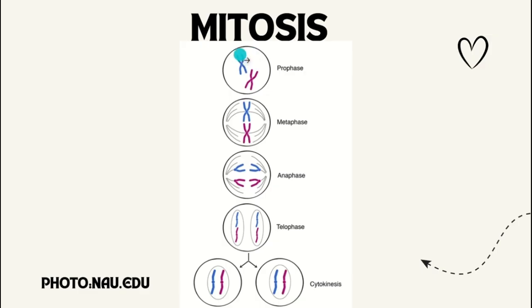And then you'd also see the centrioles. Let's just say centrosome, because the centrosome has the centrioles, and it's basically going to be like a circle. They're going to be on opposite ends of the cell.